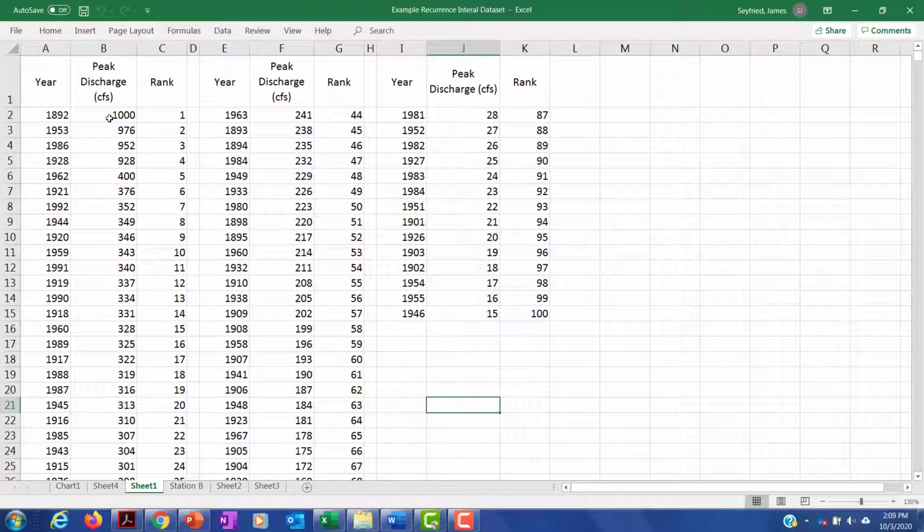So you take 100 years of peak discharge and you rank them from 1 to 100. So the lowest discharge ever happens to be 15 cubic feet per second. So that is the ranking. Each year, each peak discharge gets a rank.